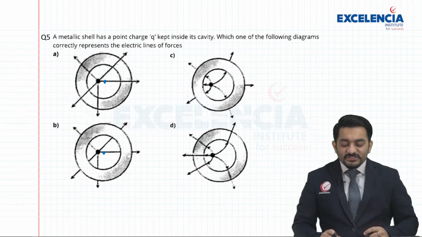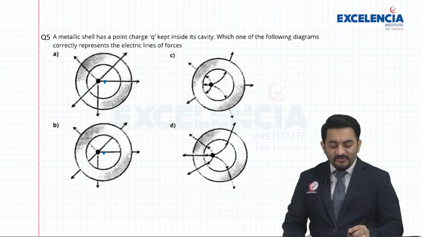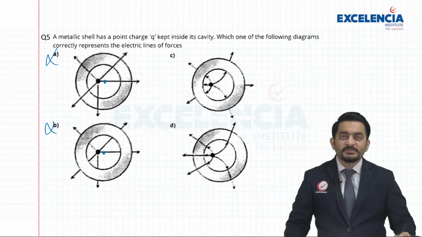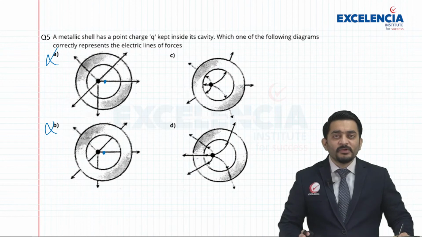So the diagrams which show straight electric field lines, simply ignore those options. Those options can in no way be your correct answer.